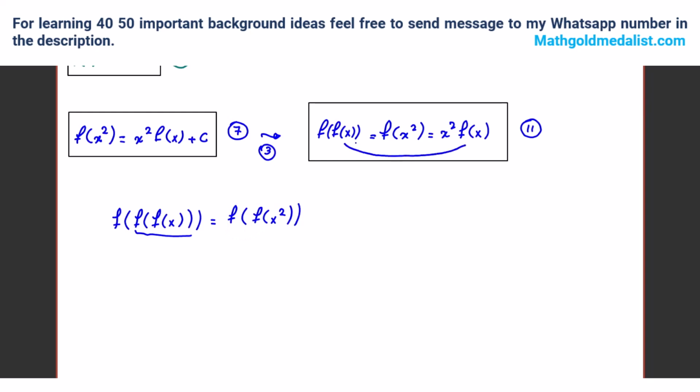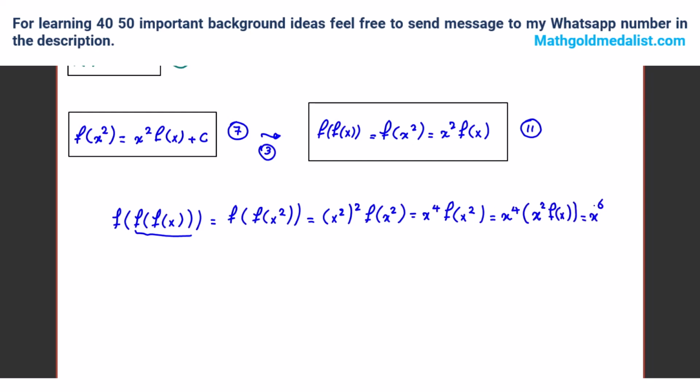We want to use first one, last one. F of something is that squared. So here x squared f of x squared. So it would be x to the 4 times f of x squared. Then we should use second one and third one. F of x squared is x squared. So x squared times x squared f of x, which would be x to the 6 times f of x.